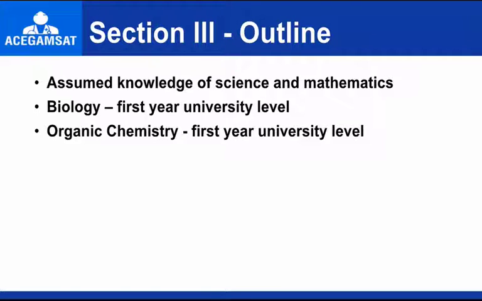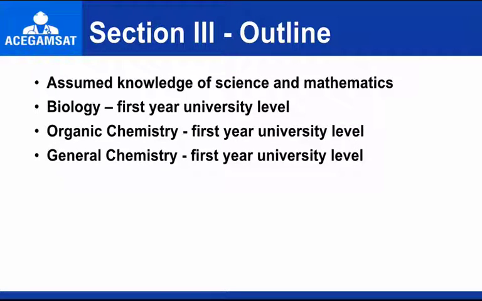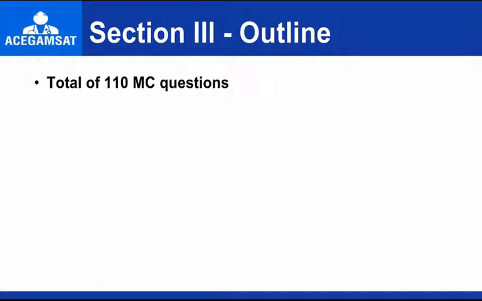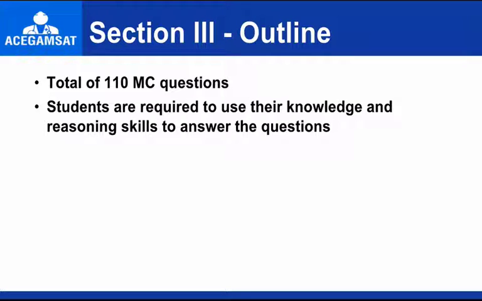This is the same as organic chemistry and general chemistry. These are all first year university level. And then we have physics, which is year 12 or A level. Section 3 is a total of 110 multiple choice questions, and students are required to use their knowledge and reasoning skills to answer the questions.